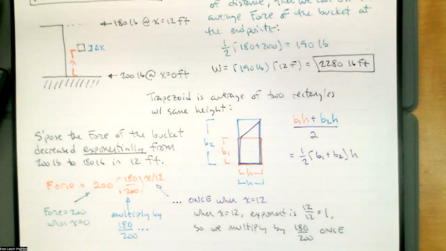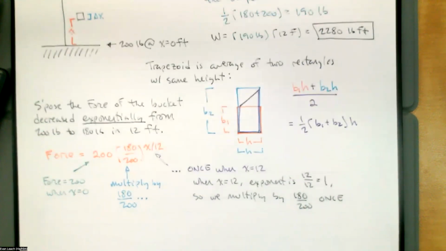When x is 12, that exponent x over 12 is 1. So we multiply by the 180 over 200 one time.